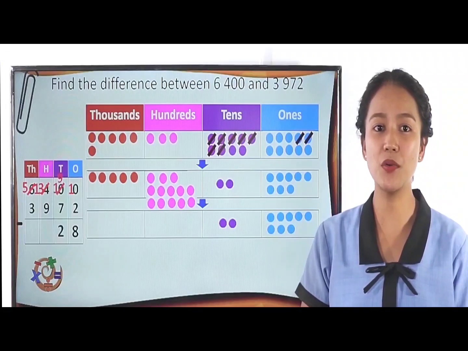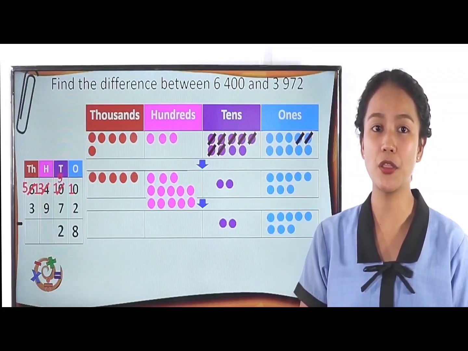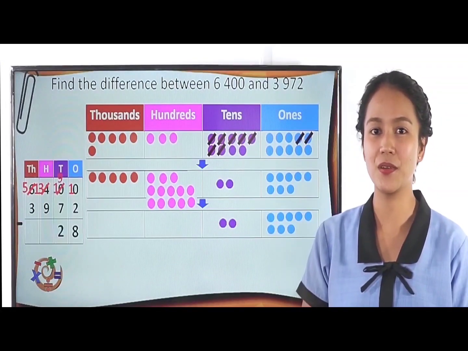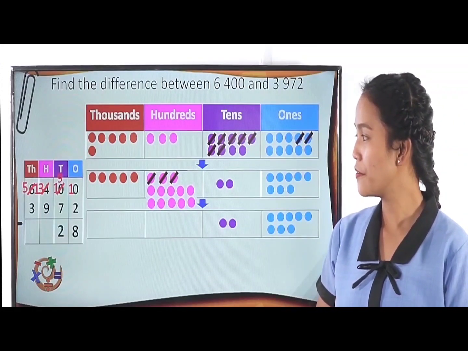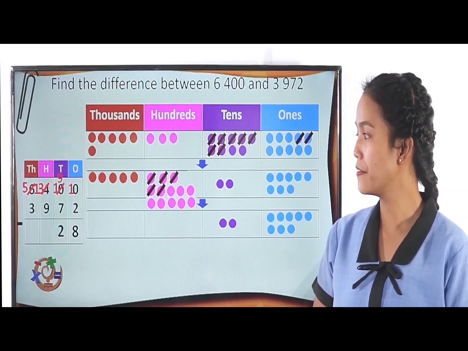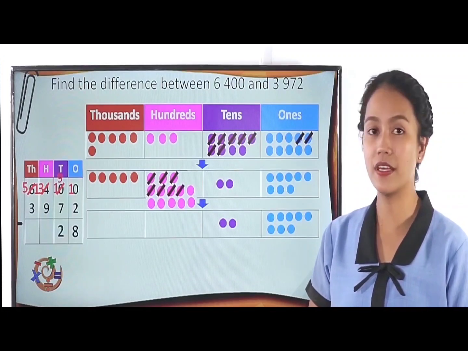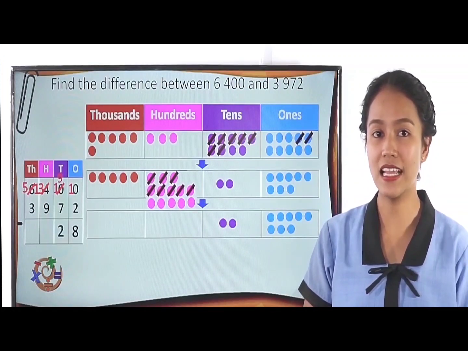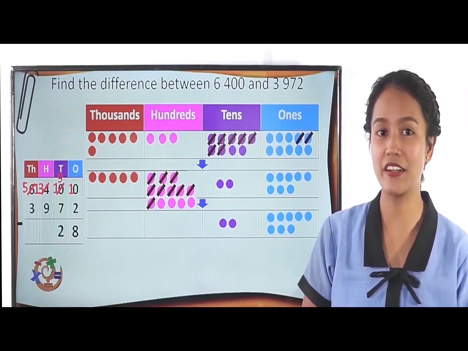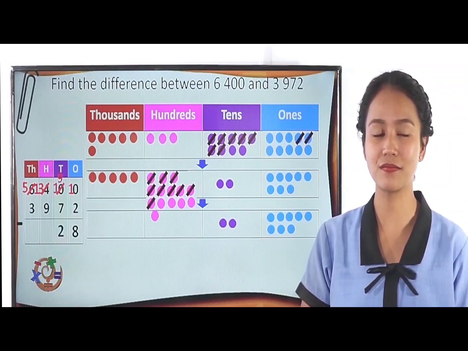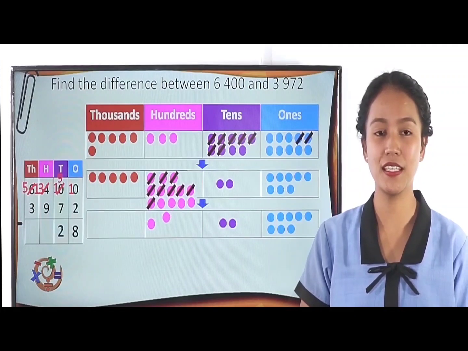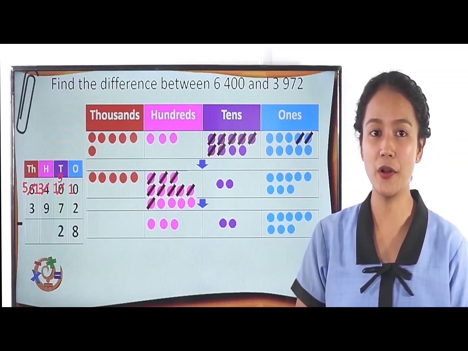Now, let us remove 9 counters from 13 counters. 1, 2, 3, 4, 5, 6, 7, 8, and 9. How many counters are left? Let's count. 1, 2, 3, 4.